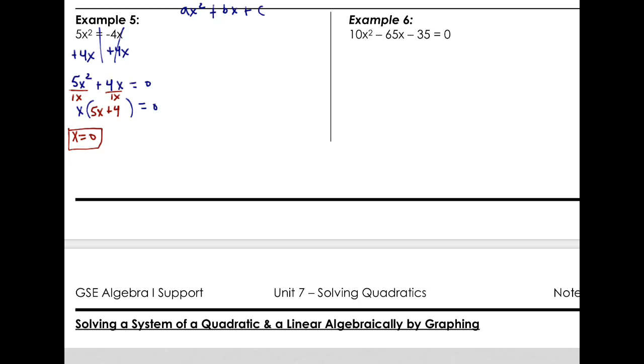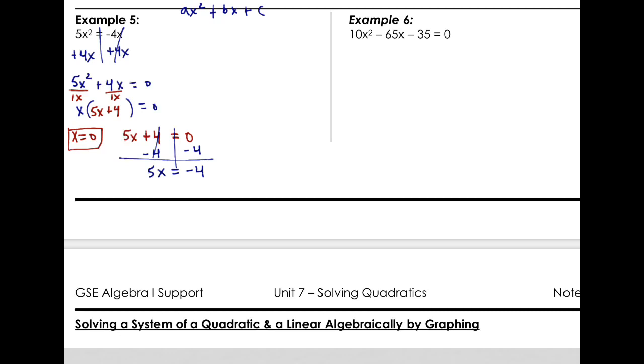So then you have your 5x plus 4, set that equal to 0, and then now we're solving. So let's get rid of the numbers first, the ones without the variables. That's a positive 4, so we got to subtract 4 on that side. That leaves us with 5x is equal to negative 4. We have multiplication here because that's a 5 right next to a variable.